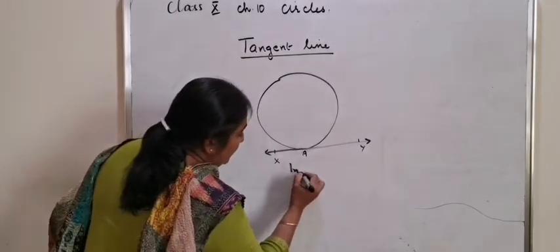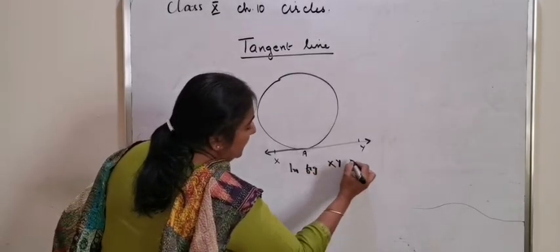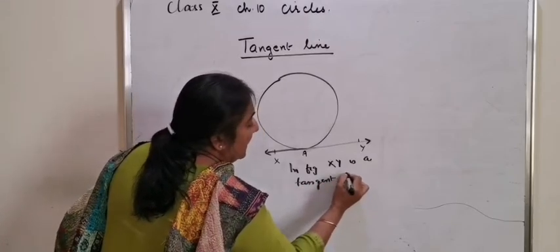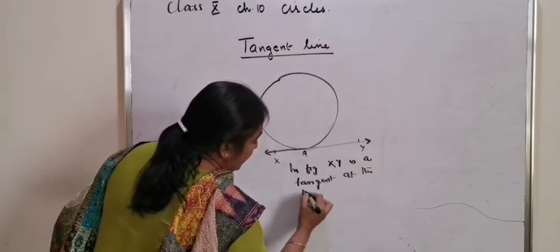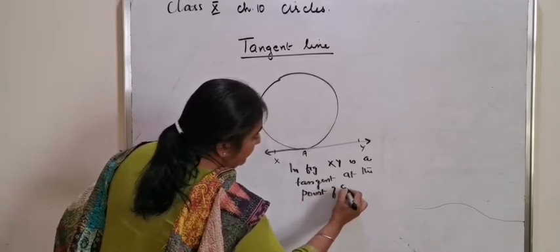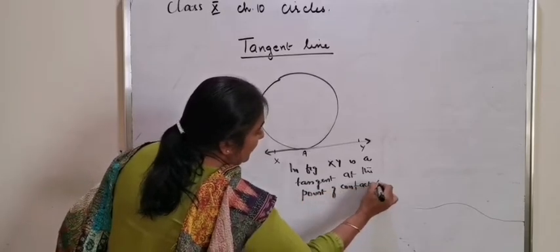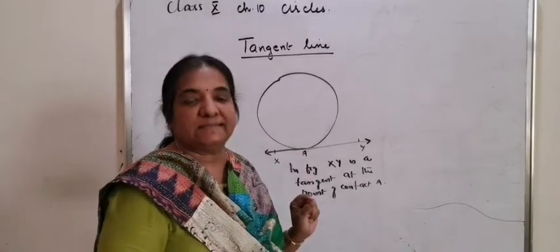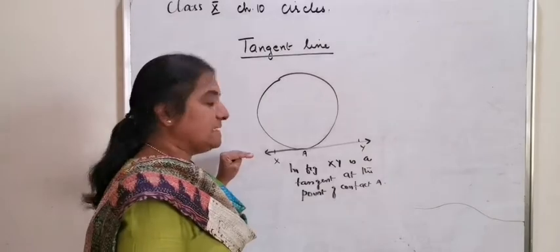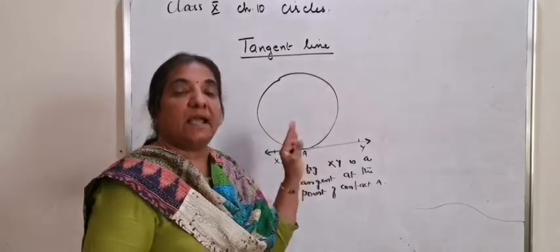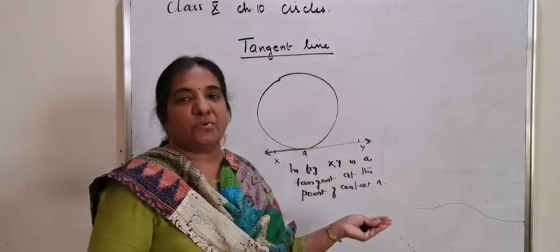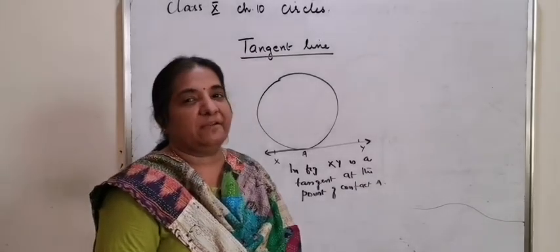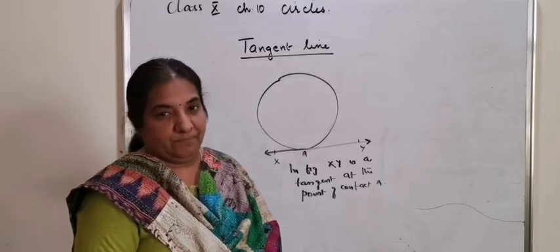So, in the figure, XY is a tangent at the point of contact A. Since A lies on the circle and the line is exactly touching the circle at the point A, the question is, how many tangents are there for a given circle?